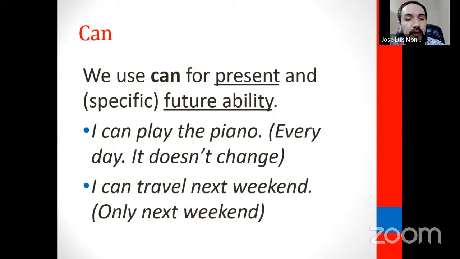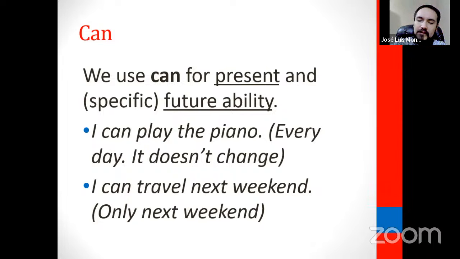I can play the piano, right? That's the basic example. I think I said it before, every day, right? It doesn't change. It's not that now, but not yesterday, but not tomorrow. No, right? You can play the piano, you can play it. You could yesterday, you can now, and you will be able to do it tomorrow. Now, I can travel next week. You're talking about something that you will be able to do at a specific time. In this case, next weekend.